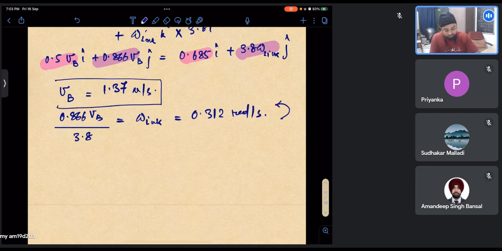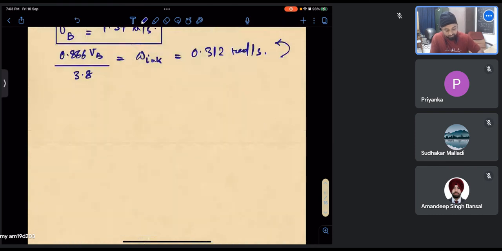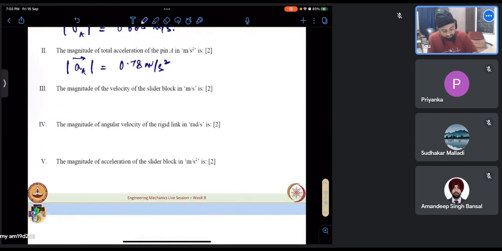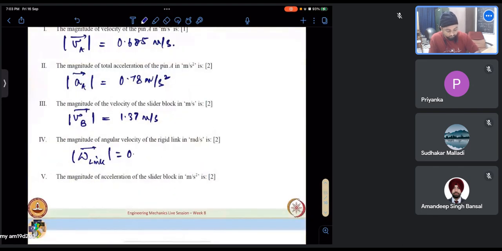So we have got these quantities also now. Omega link also we have got. So let us fill that up. What is the magnitude? 1.37 meters per second. The magnitude of angular velocity of the link we have just got, 0.312 radians per second.